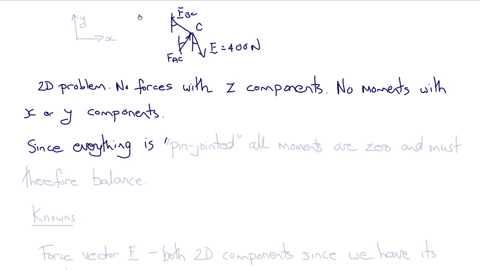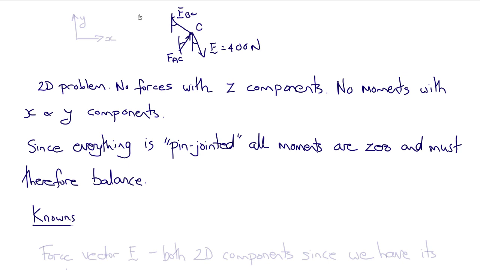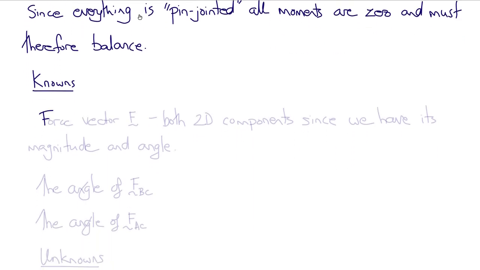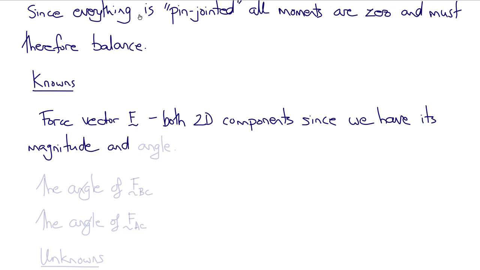Now, since this whole system is pin-jointed, as in our examples of statically determinate structures before, all the net moments will be zero, and therefore they will already be in balance, and therefore there are no moments to solve for, and we can't make use of the moment equations. So what do we know? Well, we know the force vector F, and we have both 2D components of the force vector, since we have its magnitude of 400 newtons and the angle that it makes to the vertical axis.